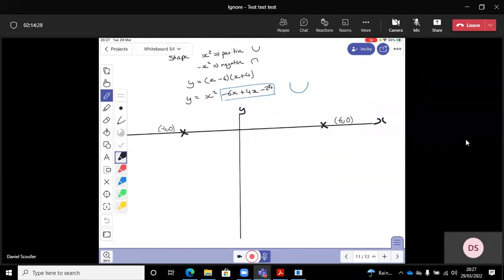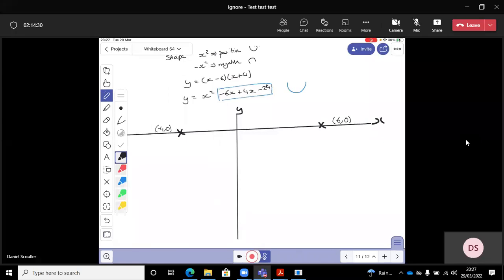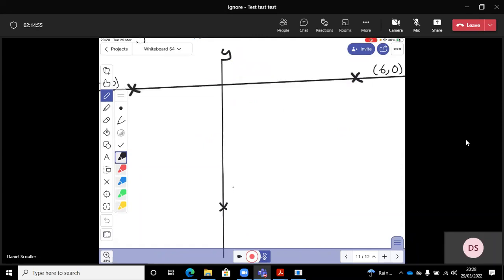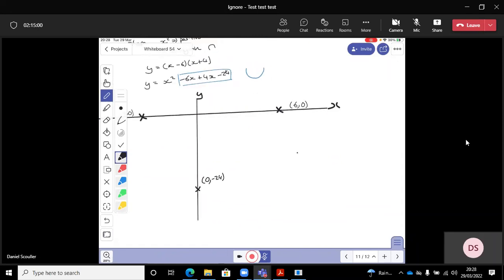Those two coordinates are its roots. Its roots are where it crosses the x-axis, the horizontal axis. It crosses the x-axis when y is equal to 0. We've also got the y-intercept. It cuts the y-axis when x is equal to 0, and that was equal to -24.